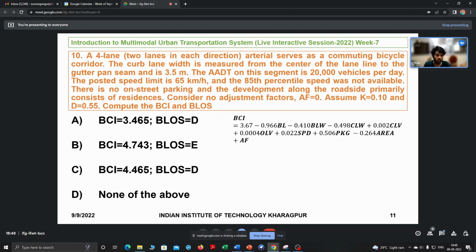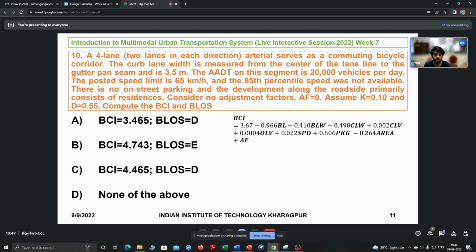Sometimes your answer may be correct, maybe because it's a range and it may fall in the same range. But if I change the values, your answer may be wrong. So you need to know how to calculate it. Now tell me, what is PKG? PKG is based on the parking and other roadside activities.